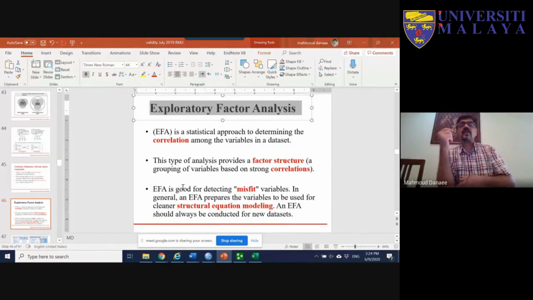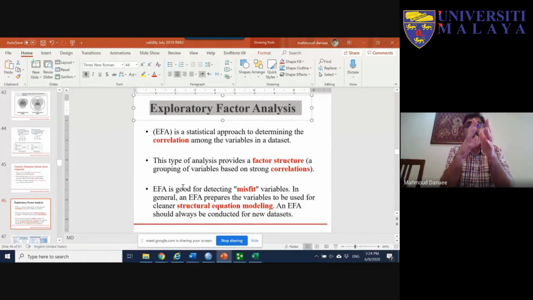Okay, good. So factor analysis is a statistical method which works based on the correlation among the variables. The main concept of factor analysis is to categorize and group your variables based on their correlation.